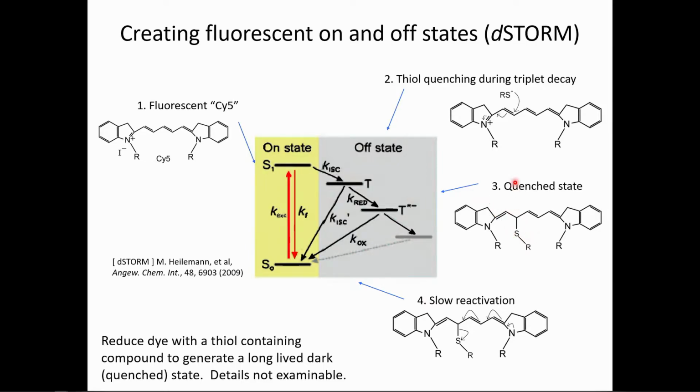What that is thought to do is interrupt the electron transfer, the delocalization across these bonds here. So by having this thiol attack, you create a charge disruption, and so the molecule turns into an off state. It doesn't fluoresce anymore. And then, by oxidizing again, you can get rid of it and switch it on.